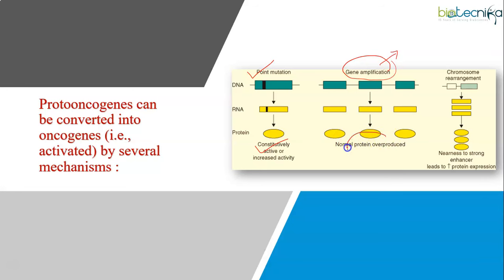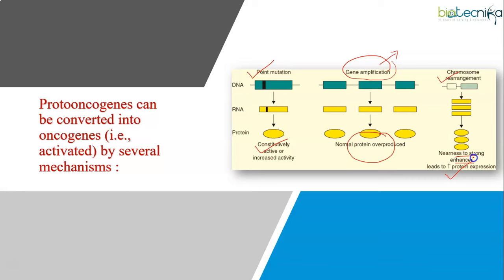So proteins will be produced in excess. Chromosomal rearrangement, that means sometimes chromosomal translocation takes place and the position where it gets translocated could be a strong enhancer. So in that case, what happens? Again there will be an increase in the protein expression.